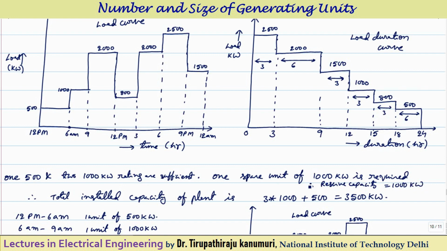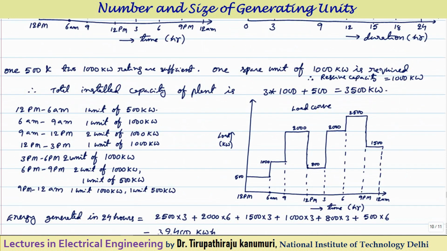This much is required. Now coming to the total installed capacity of the plant: out of this, 2000 kilowatt and 1500 are running and 1000 kilowatt is in reserve. So total we only have to count. That means total 3000 kilowatt generators are there, and one 500 kilowatt generator is there. So the total will be equal to 3500 kilowatt. I hope this is clear to you.